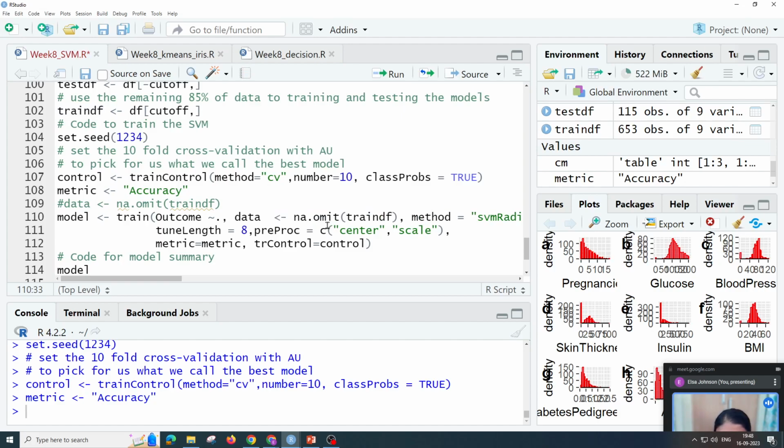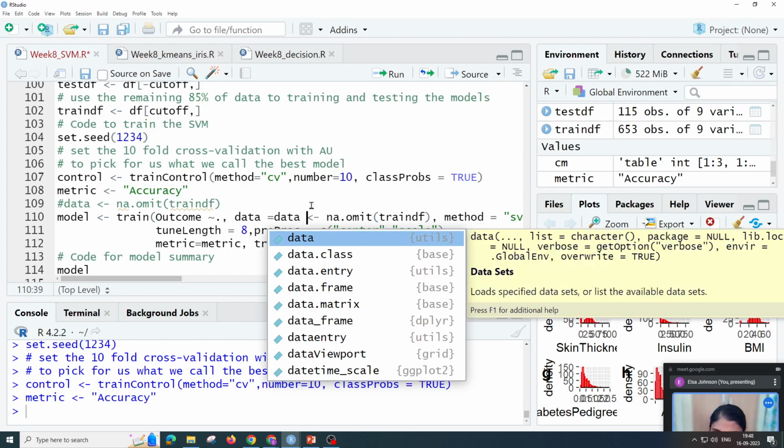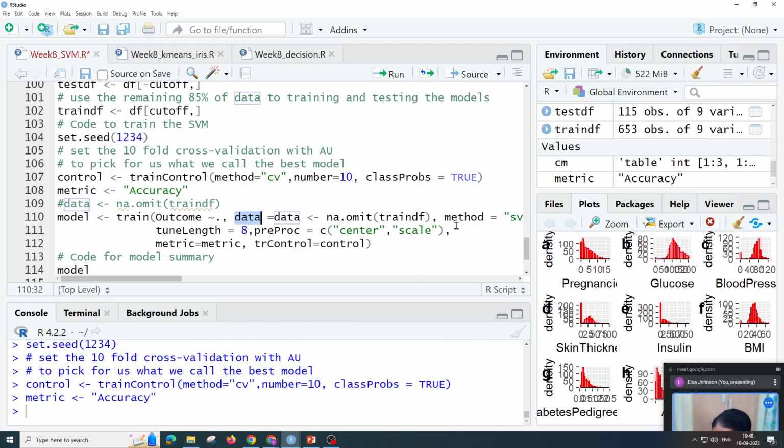Sometimes some NA values will be coming, so I'll be doing it like this: data equal to data itself. Data is the argument there in that particular train function.